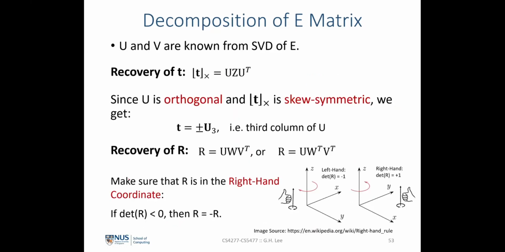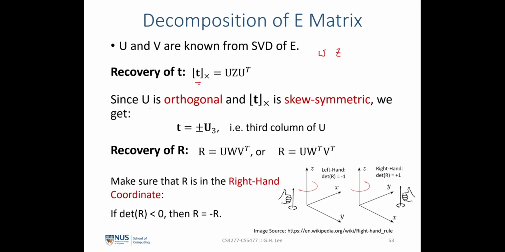So after we have recovered the left and right orthogonal matrices from the SVD of the essential matrix E here, and we also have defined the matrices of W and Z, which we have seen in the earlier slide, we can now go on to recover the translation vector, where we previously defined that the skew symmetric matrix of the translation vector T is equal to U multiplied by Z multiplied by U transpose here.